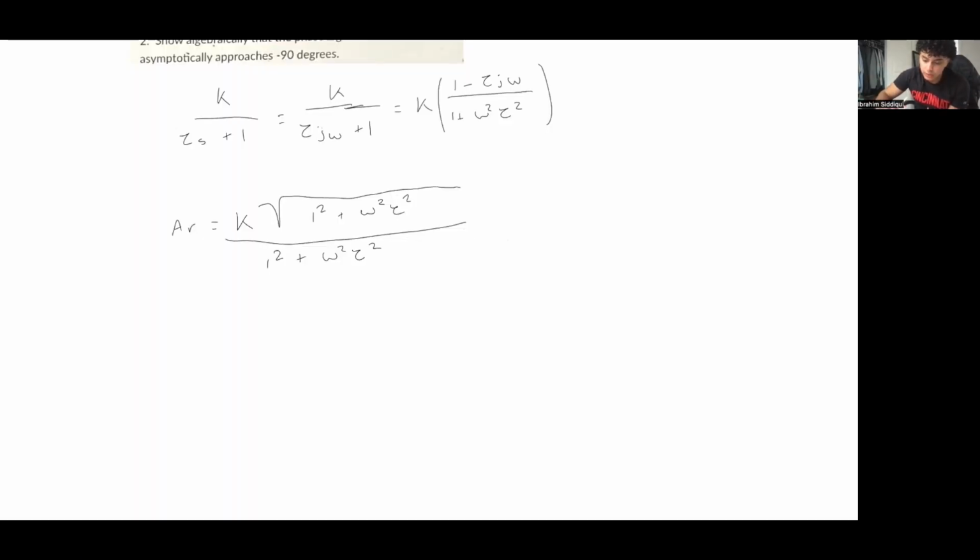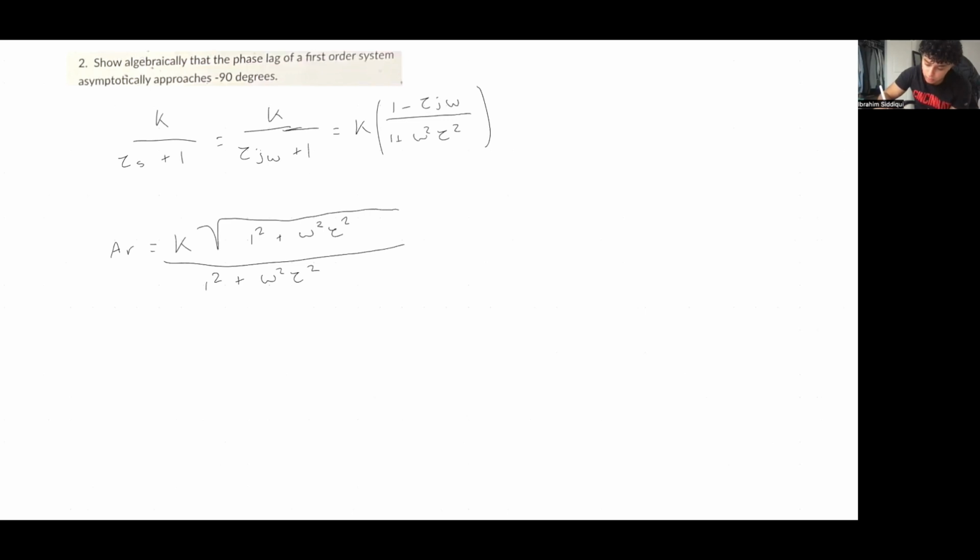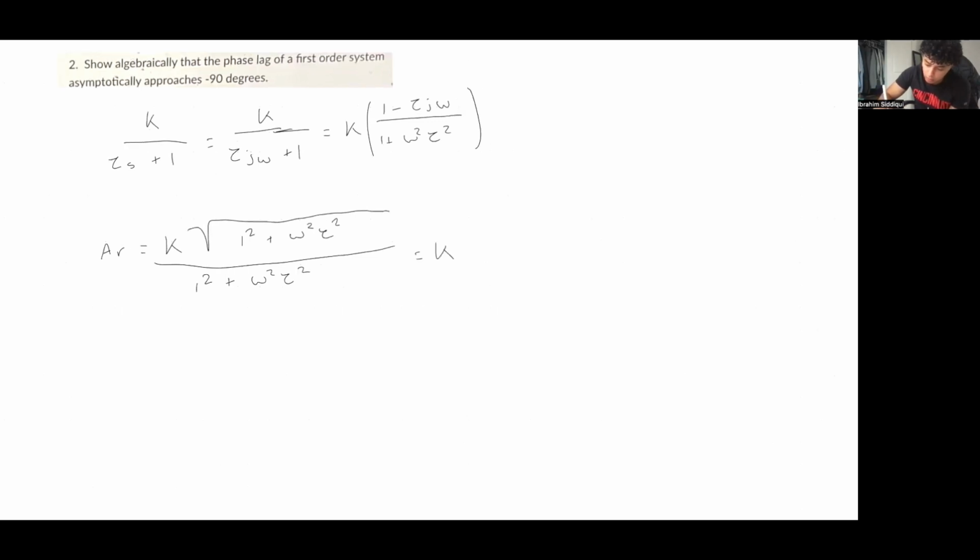Okay, so simplifying this just a tad bit more, this will be equal to K multiplied by 1 plus omega squared times tau squared. We're crossing out similar terms on the top and bottom, and removing our square root, we'll put this to the power of negative 1/2.